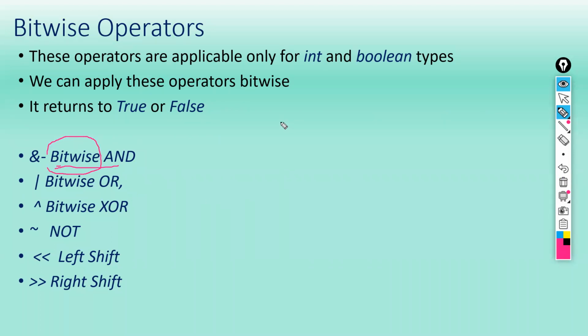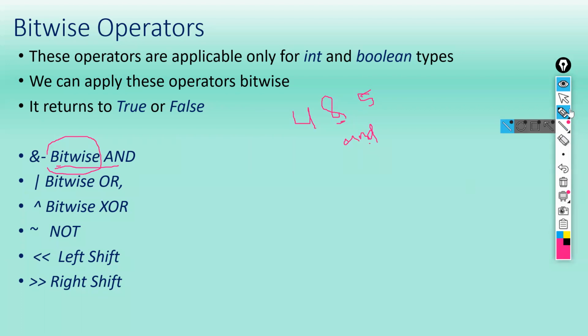For example, some students who are from electronics know this. Let's take 4 and 5. Observe the difference. This is the bitwise AND. If I write AND, it is logical AND. This is logical AND, this is bitwise AND.